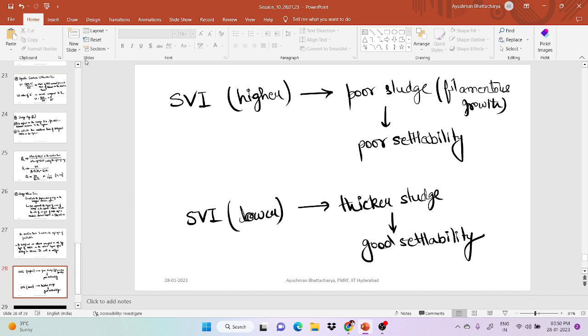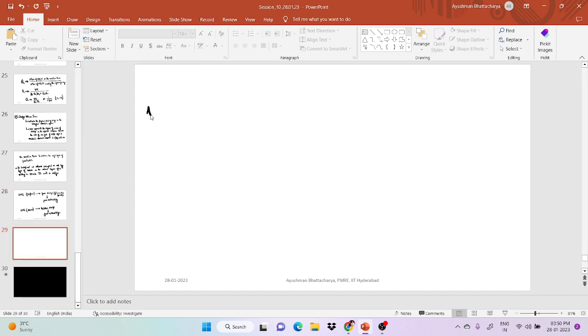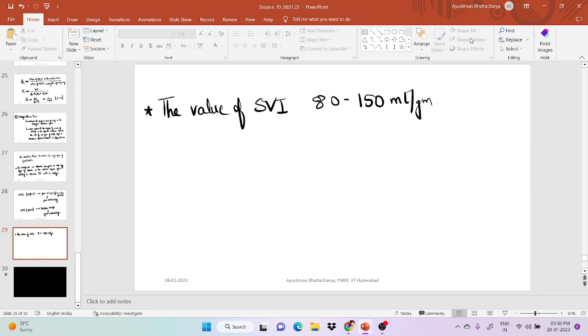So the value of SVI should be between 80 to 150 milliliter per gram.